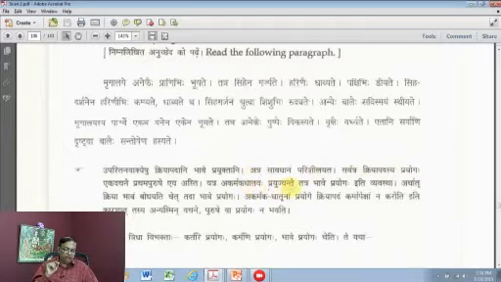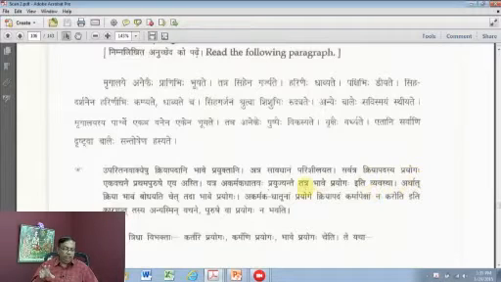Yatra akarmaka dhatava prayujjante, wherever akarmaka dhatava, intransitive verbs are used, tatra bhave prayogaha iti vyavastha. The rule is, wherever intransitive verbs are used, only there this bhave prayoga is possible. Otherwise you cannot have Bhave Prayoga for a transitive verb. Transitive verbs cannot be written out in Bhave Prayoga. That is it.